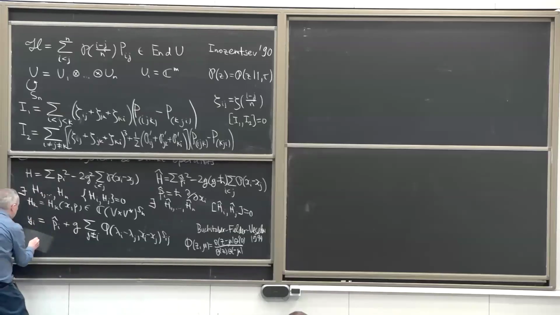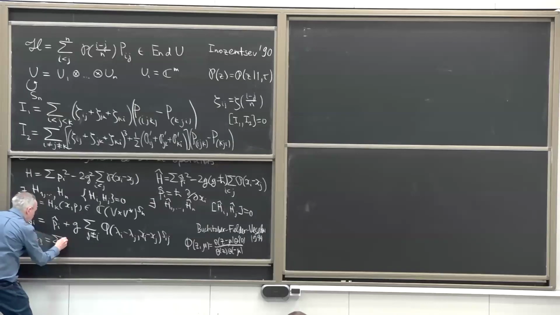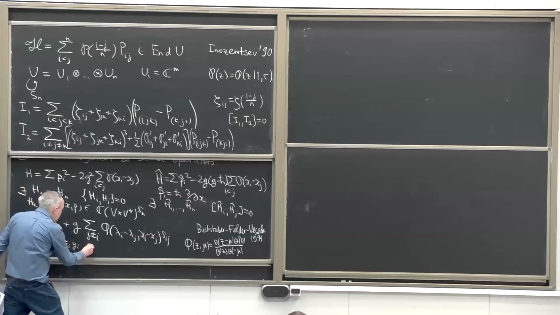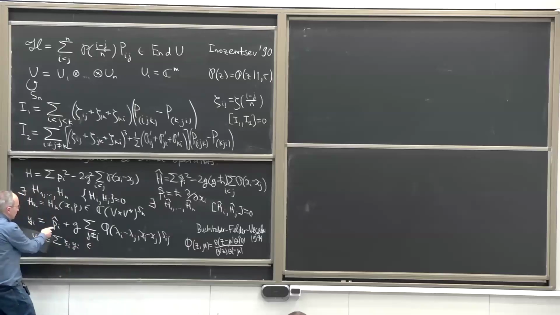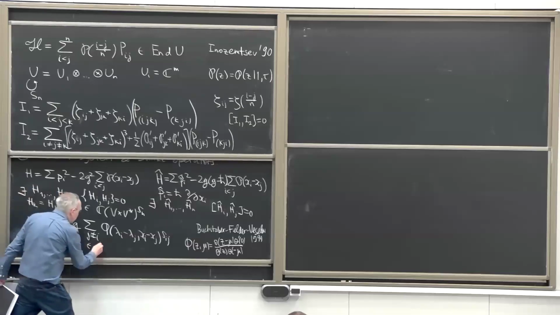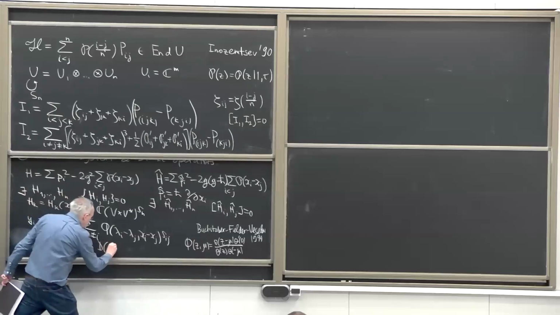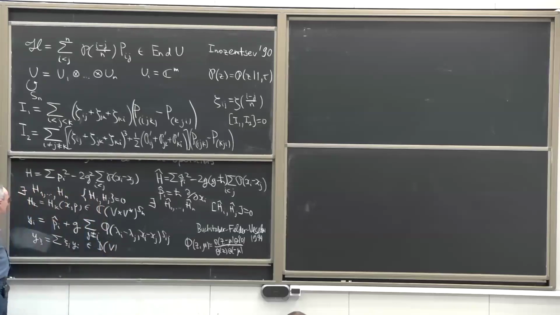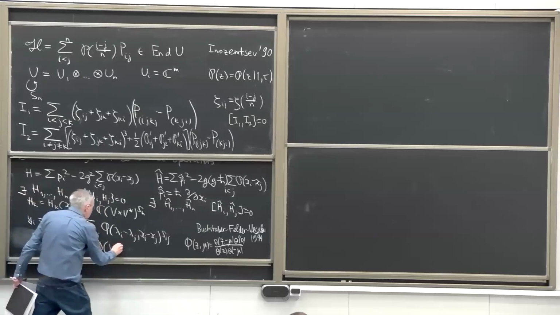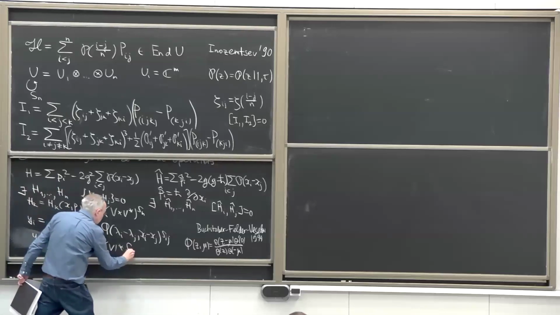So these y's, maybe I will use a linear combination. If I pick any vector psi, I can take a sum of xi I yi. So this is an element. These are clearly differential operators on the space V, by V I mean just the x variables, crossed with the symmetric group.